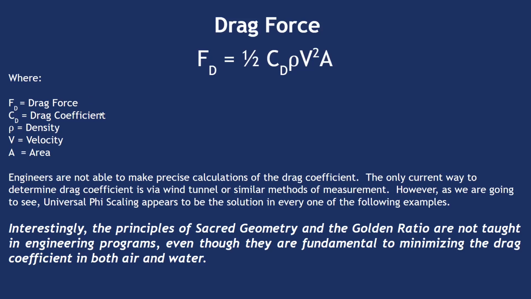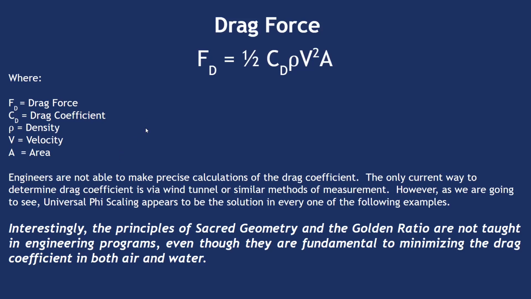Essentially, FD, the drag force, is equal to 1/2 times CD, which is defined as the drag coefficient, times the same terms, density, velocity, and area. All of these are going to be more or less constants for a given aircraft design. But the one thing that's most important is the drag coefficient.